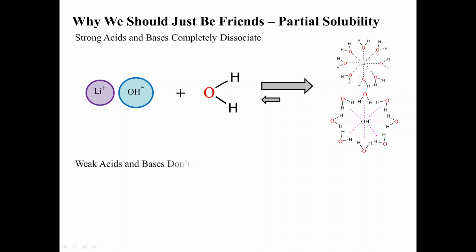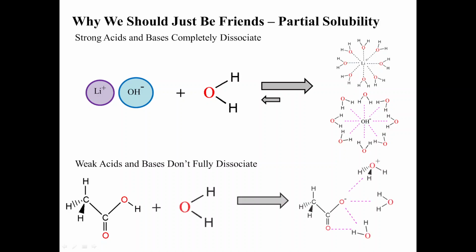Now, the story is a little bit different for weak acids and weak bases. If we have acetic acid here, a weak acid, and we mix it with a bunch of water, it can lose its H plus and form a hydronium ion, and we have to have a certain number of waters for that to occur.